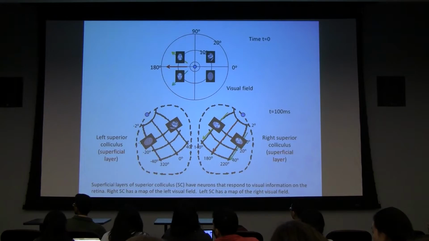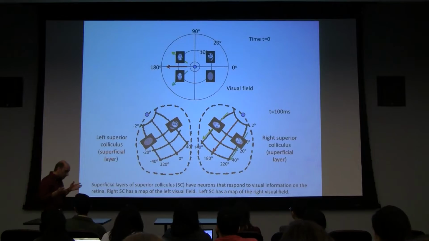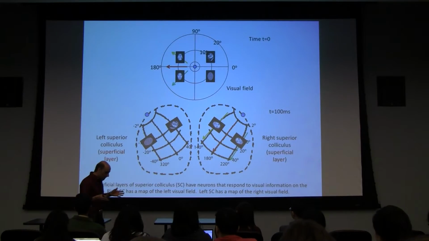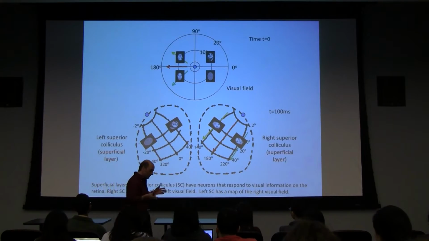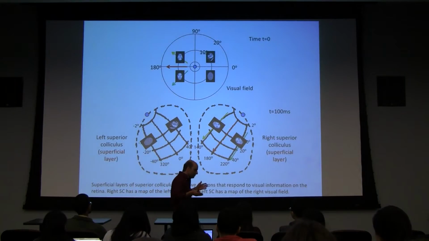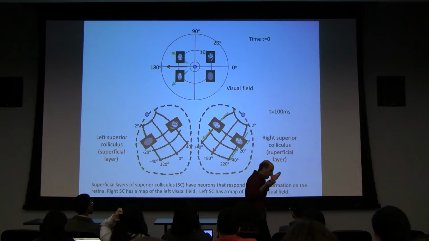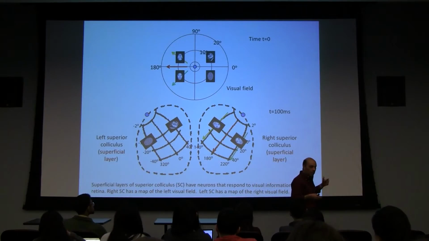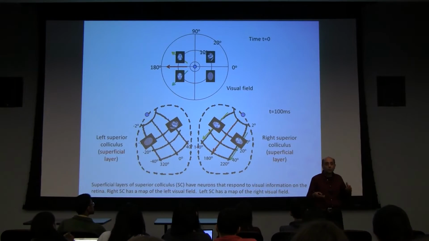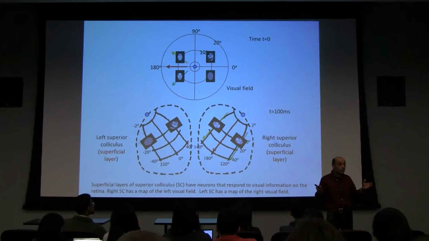That's right. So the point I was making was that your superior colliculus gets information directly from the retina. But if all you had was the colliculus and the retina, then whatever stimulus happened to be strong, light, sound, whatever, there's also an auditory map here, would direct your attention to it.